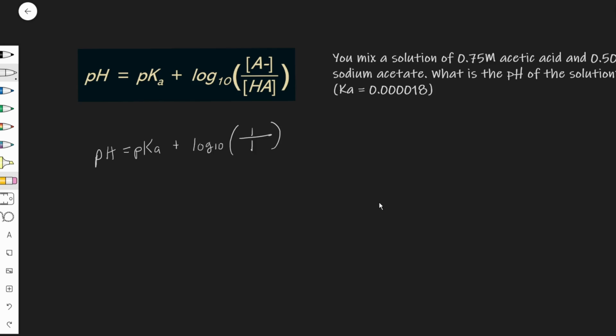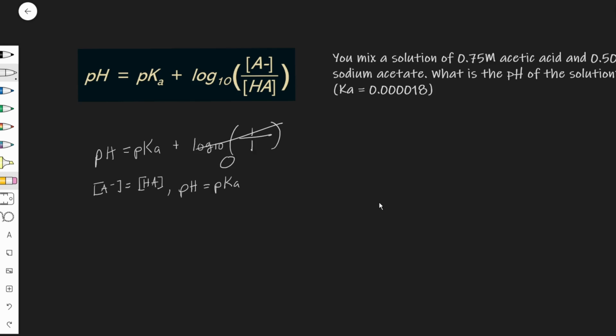Then, of course, that ratio is going to be equal to 1. And when we take the base 10 logarithm of this, it's actually going to be equal to 0. And so what that tells us is anytime that the concentration of A minus equals the concentration of our acid, then pH is going to be equal to our pKa.